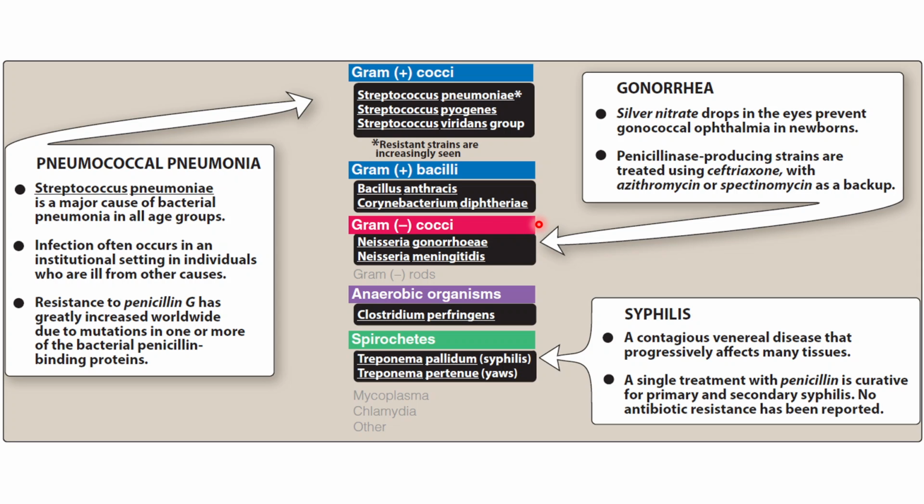Neisseria gonorrhoeae have strains that produce penicillinases, which are types or subtypes of the beta-lactamases, and they are resistant to penicillins. So that is why other more effective groups can be used, including cephalosporins and carbapenems.